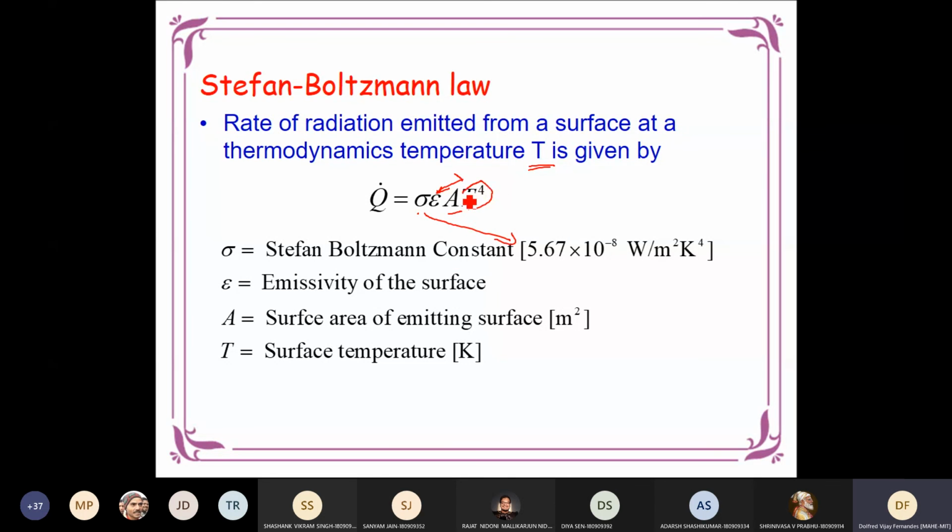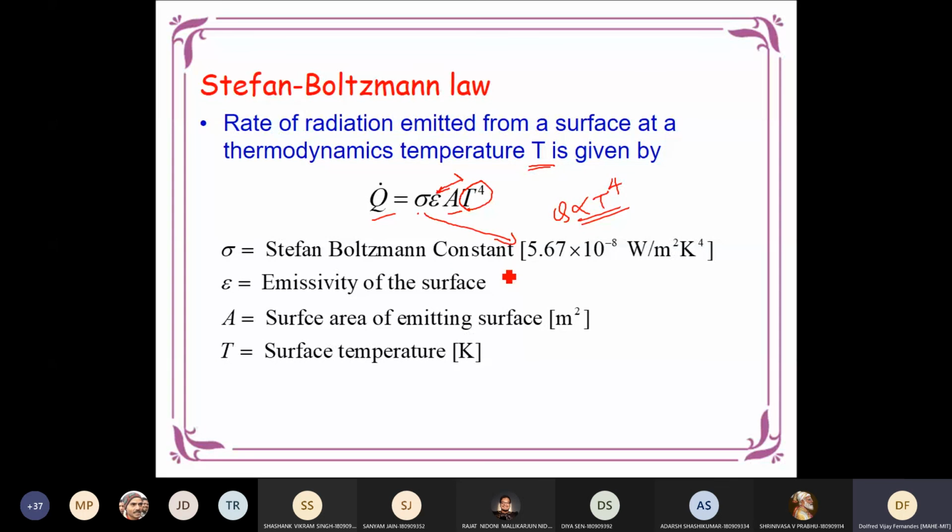Q is proportional to the 4th power of temperature. We will discuss radiation heat transfer and the laws used for its estimation in detail in the last chapter.